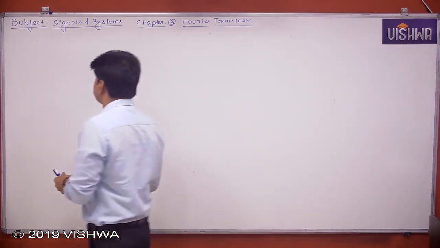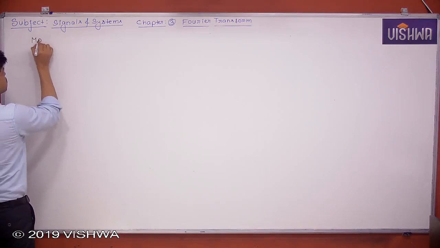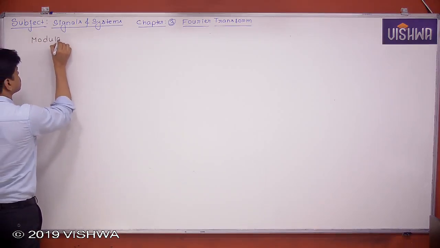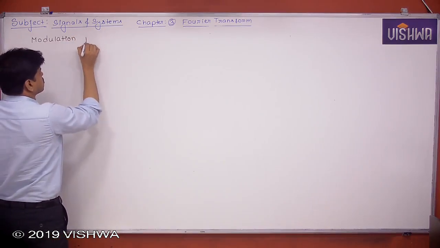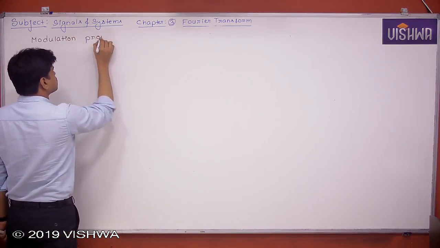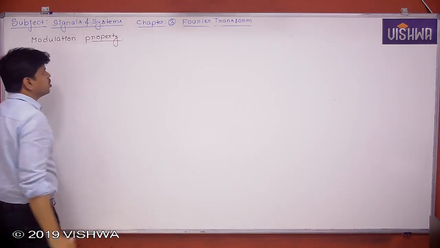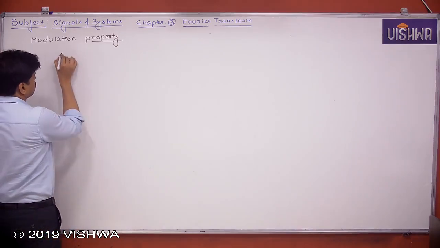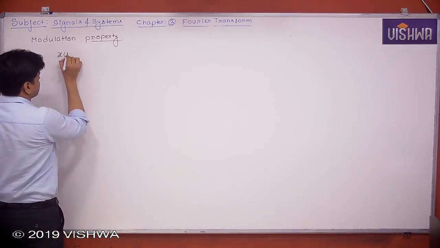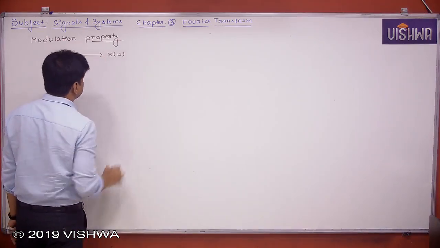Modulation property. We know for x of t signal, x of omega is the Fourier transform.